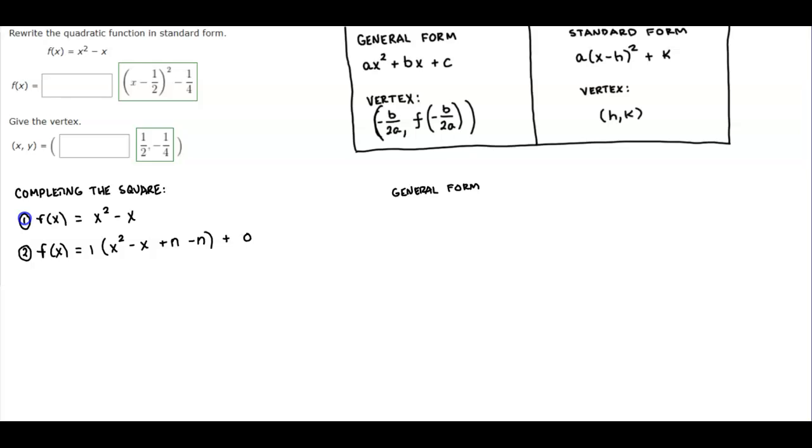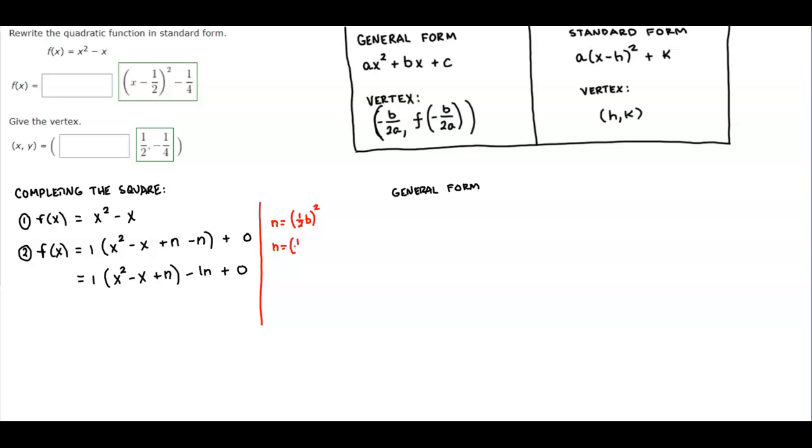So now if we want to rewrite this as 1 times x squared minus x plus n minus 1 times n plus 0. Now what we're going to do is go ahead and complete the square. So we're going to take n, and that's going to equal 1/2 of b, and then squaring it.